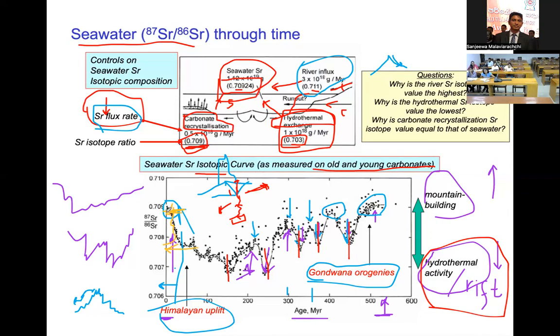The reason is the oceans are large compared to the continents. Therefore, even though you add a little strontium into the sea, it won't change drastically unless you provide a huge amount of strontium input from a mountain building process like this.